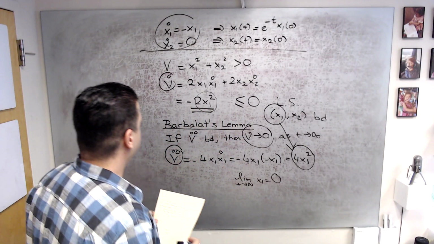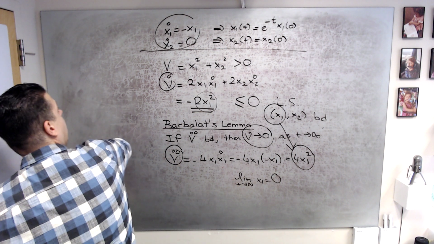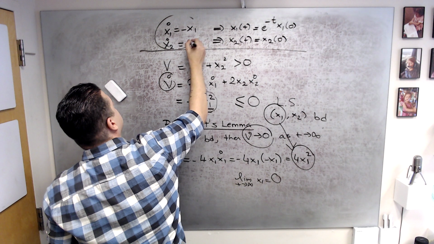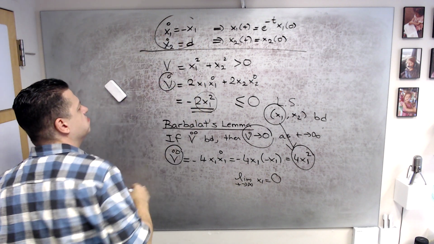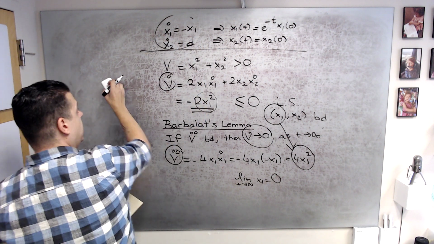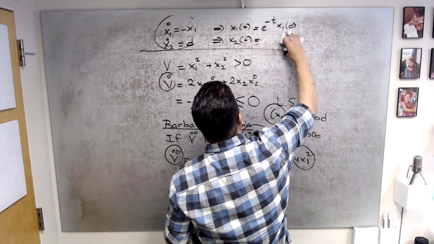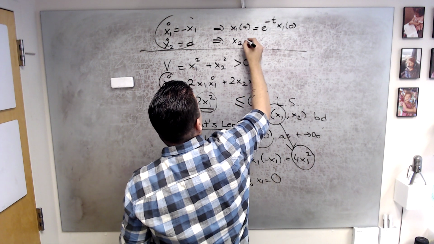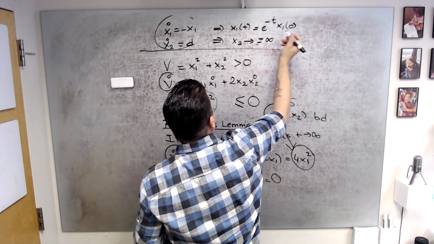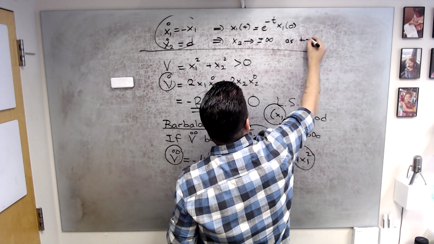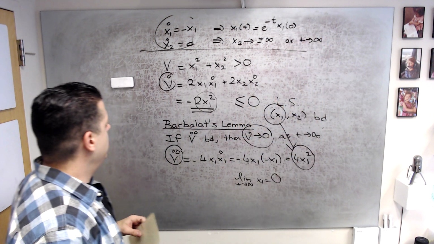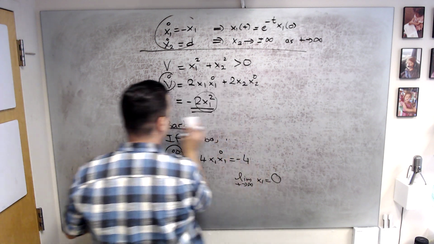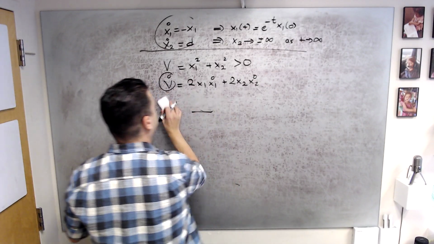Now, let's say you have a constant term, let's say some d here. In this case, if you solve this, x2 will go to plus or minus infinity as t goes to infinity. So if this was the case, let me erase everything. I converted the example to another example.